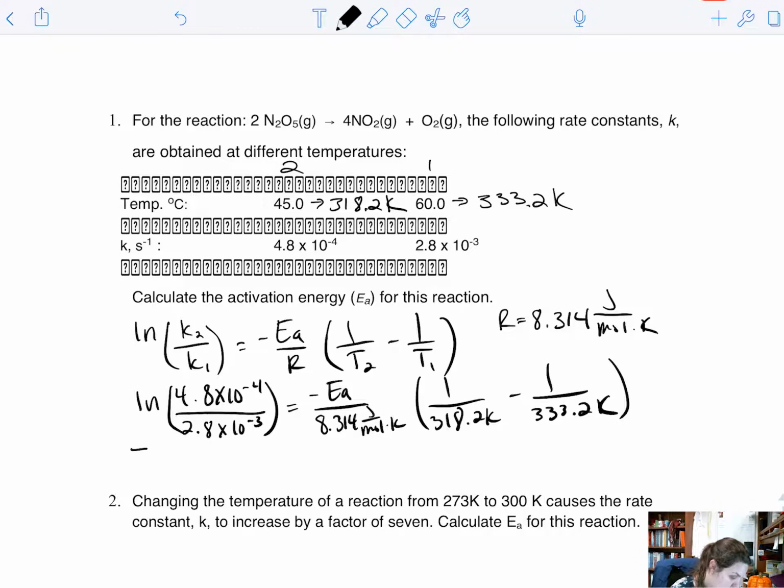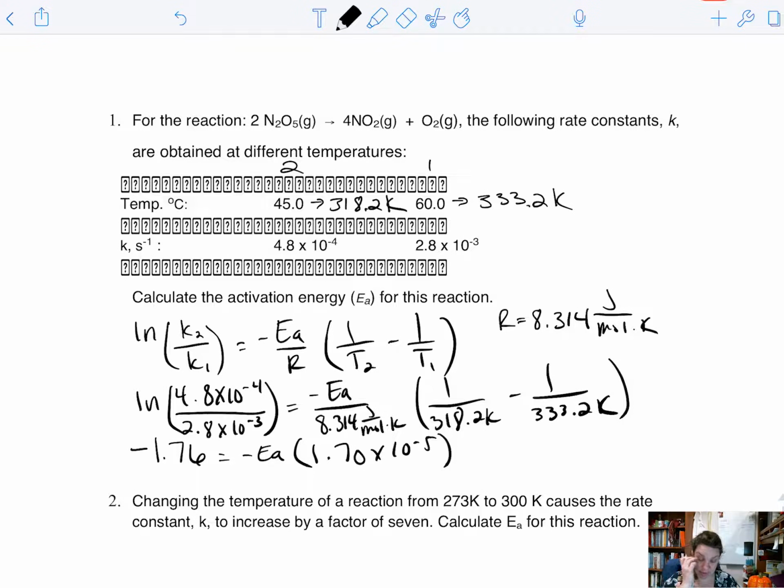We get negative 1.76 on the left side equals negative EA times 1.70 times 10 to the negative 5.